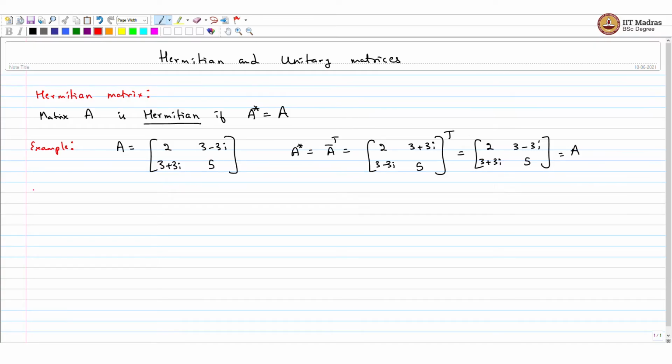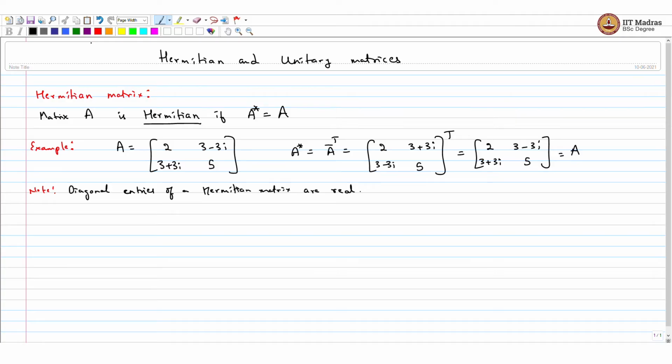You can observe that the diagonal entries of a Hermitian matrix are forced to be real valued. So you can't have complex values along the diagonal and then hope to get a Hermitian matrix.